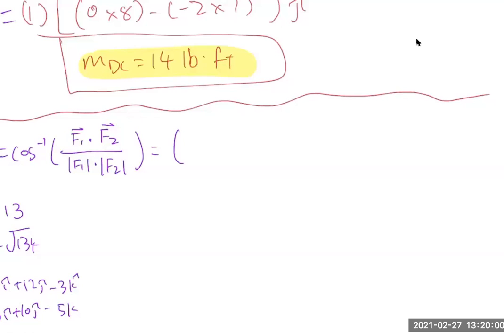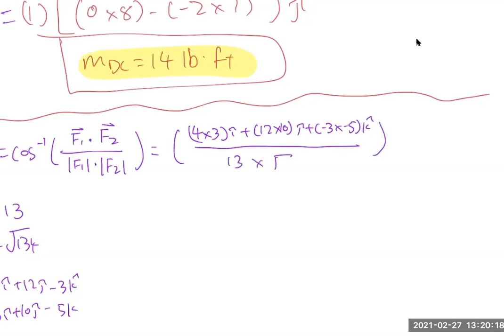So that is 4 multiplied by 3, plus 12 multiplied by 10, plus negative 3 multiplied by negative 5, all over 13 multiplied by square root of 134. And if you input all this in the calculator, you're gonna get alpha. Not alpha, theta equals 12.35.